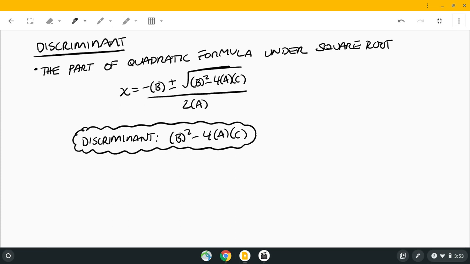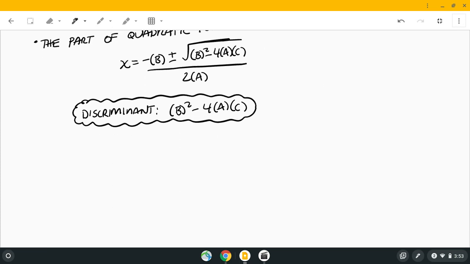Okay, and we use the discriminant to determine the number and type of solutions to the quadratic. Like, is it going to be a real solution?